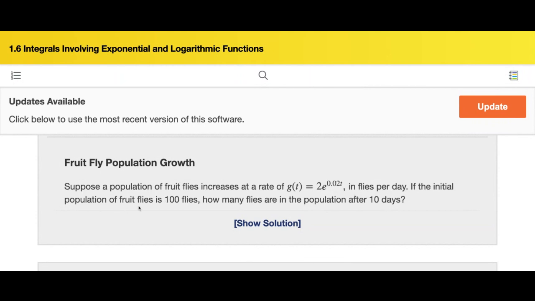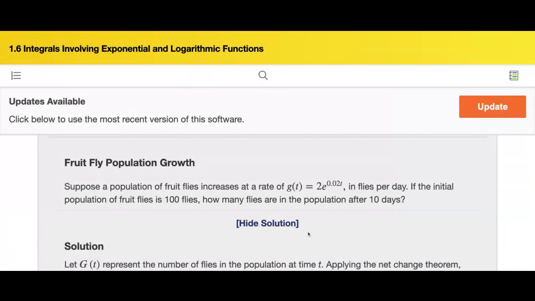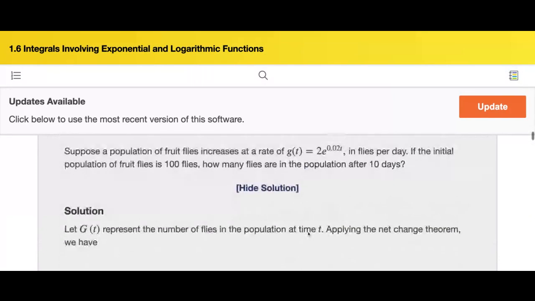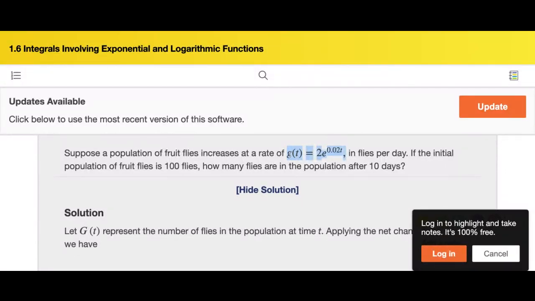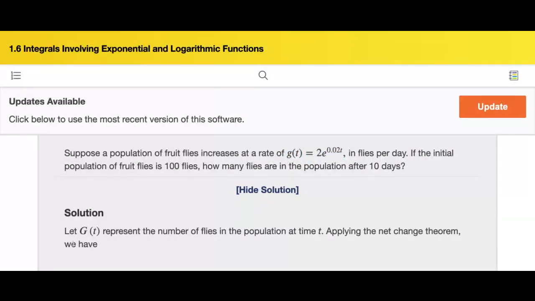If the initial population of fruit flies is 100 flies, how many flies are in the population after 10 days? We would do something similar to the previous example. So we want to find the potential function, the antiderivative of lowercase g, which we call capital G of t.